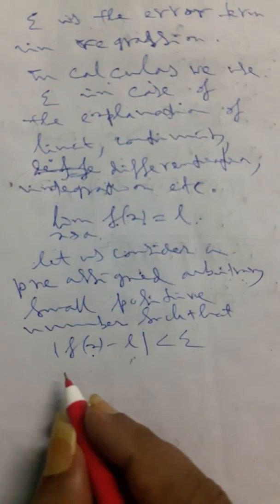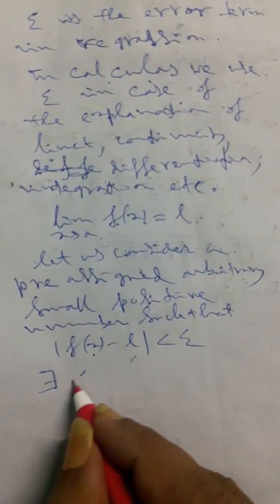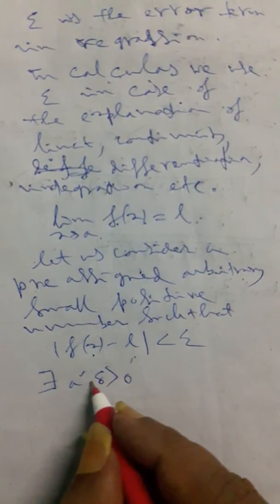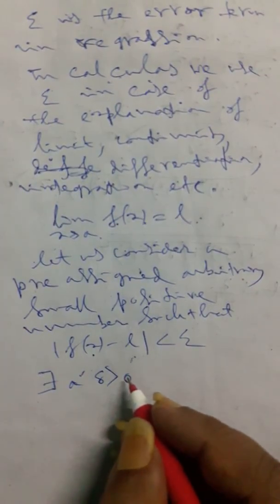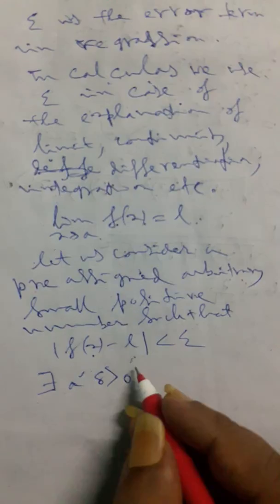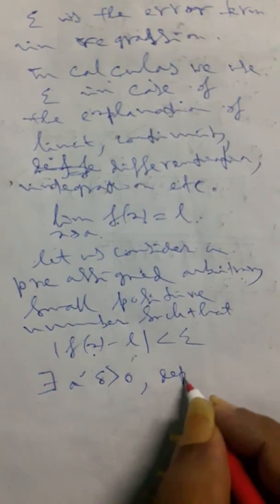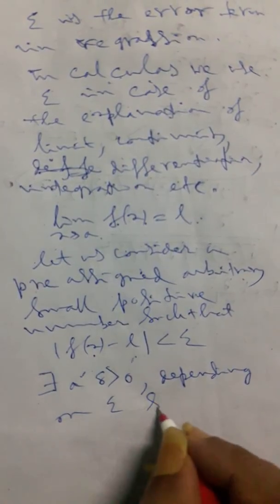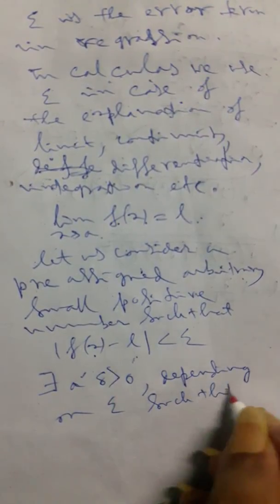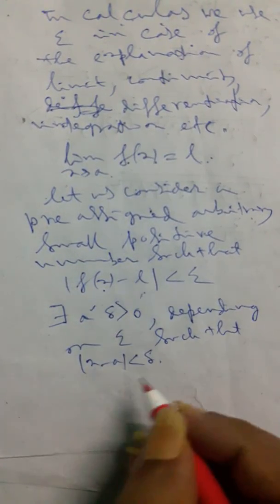And correspondingly, similarly, we find there exists a delta. It is also a very small positive number. Corresponding to epsilon, we find delta, that depends on epsilon, such that mod of x minus a is less than delta.